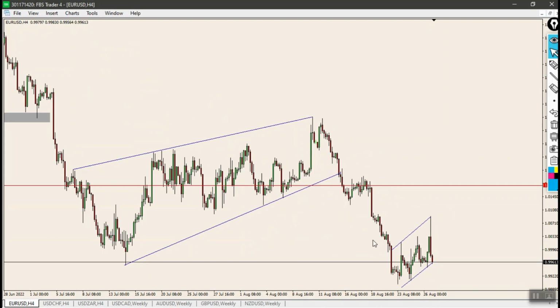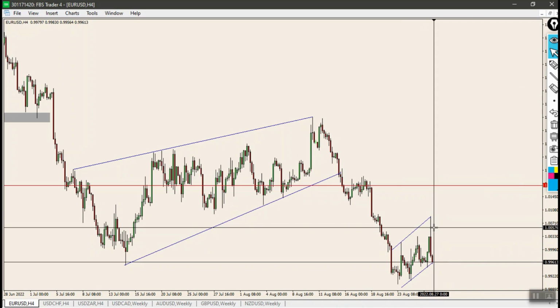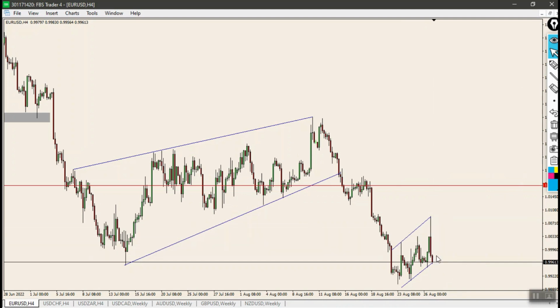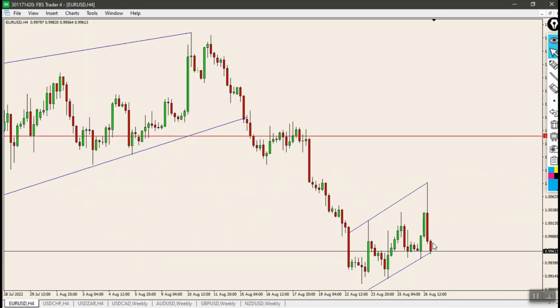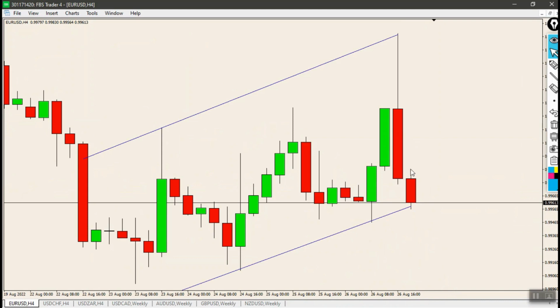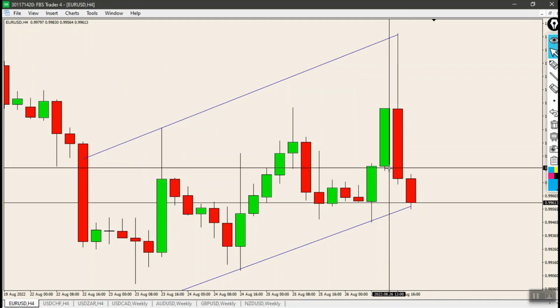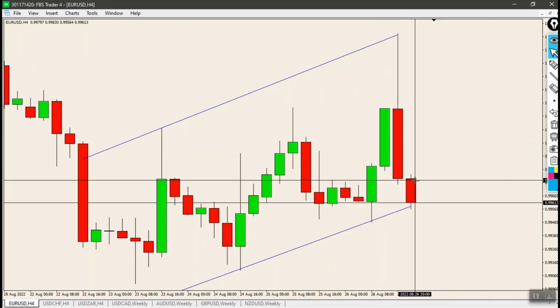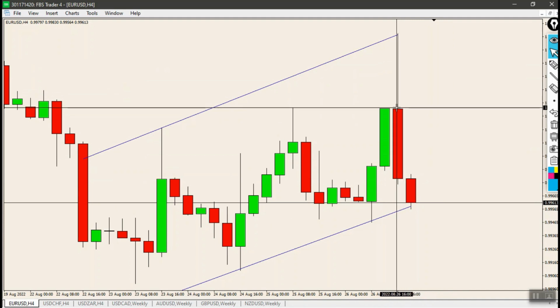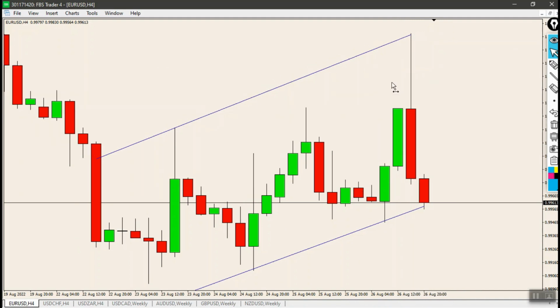due to the fact that we have this structure, and also on top of the structure we have this engulfing pattern right here. This one here, let me zoom in. We have this engulfing pattern right here, which engulfs the whole body of the previous candlestick, and it rejected price, you know, with a huge wick.